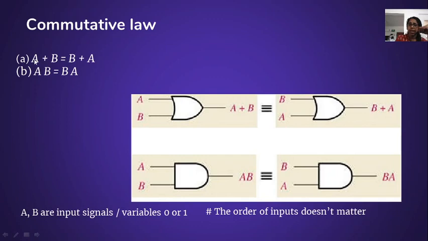You can check this law by putting values for A and B. These are the input variables that we discussed last time. What are A and B here? A and B are the digital inputs. They could take the values either 0 or 1. So you can check yourself. If you put A equal to 0 and B equal to 1, 0 or 1 gives the answer 1.